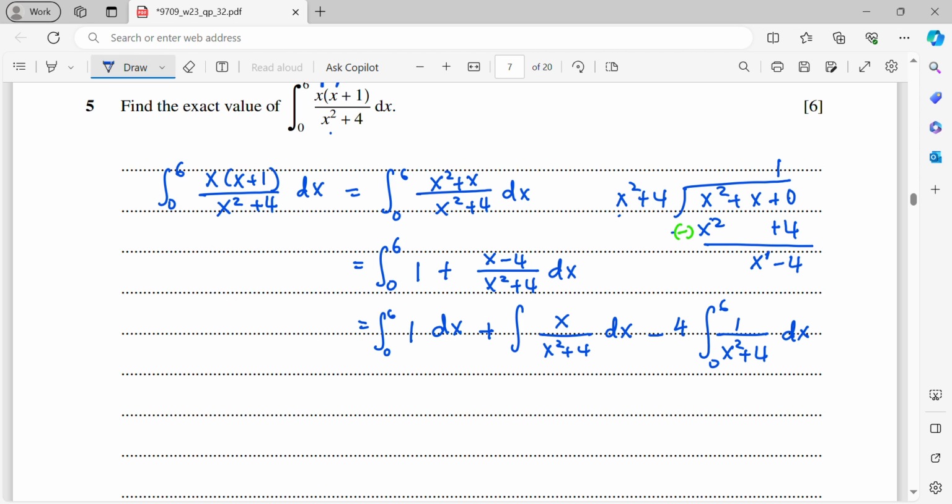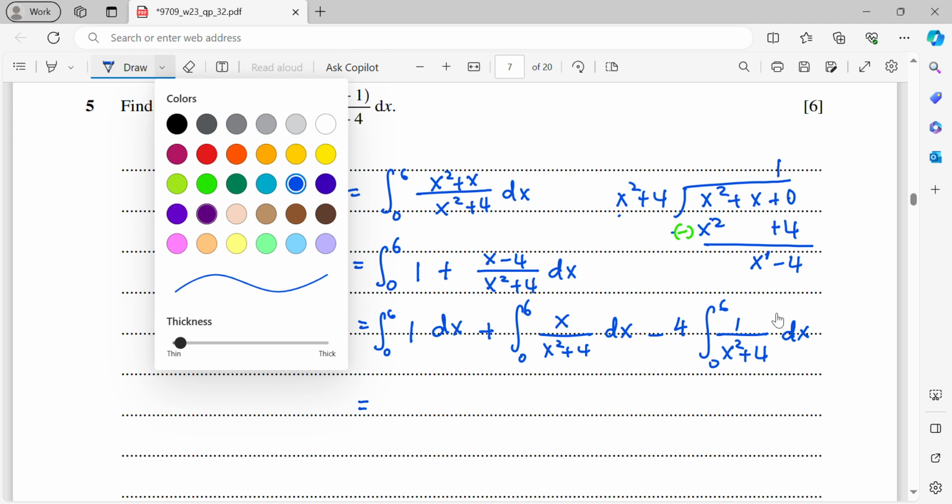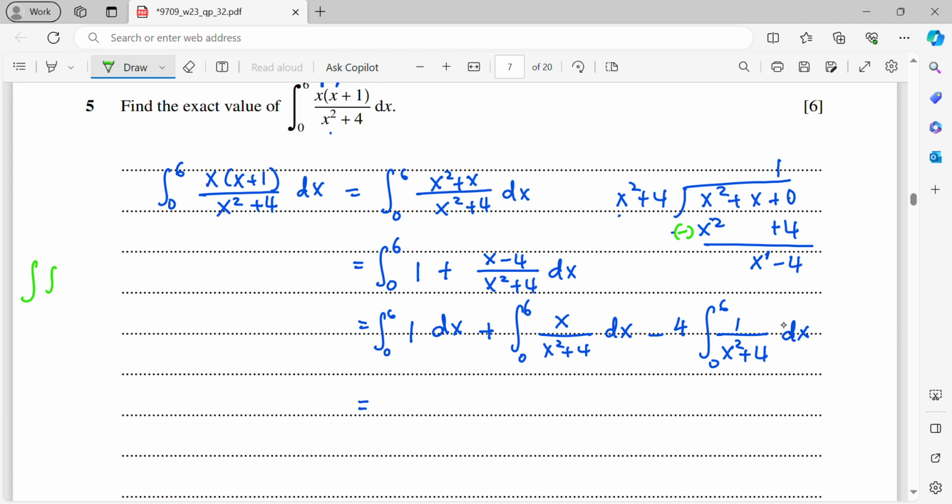So I split it into three integrations. The first one should be no problem, but the second one we need to integrate using the ln formula, which means the integral of f prime x over f x dx will give you ln f x plus c.